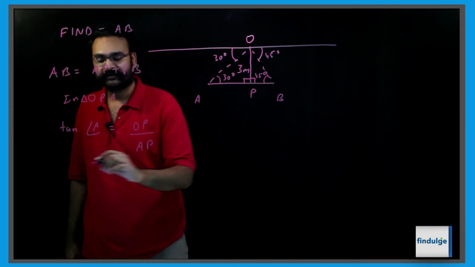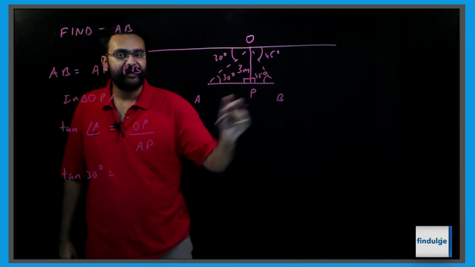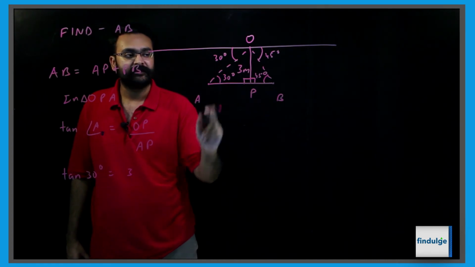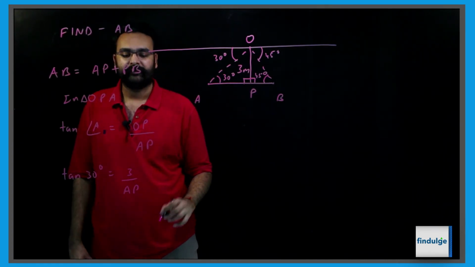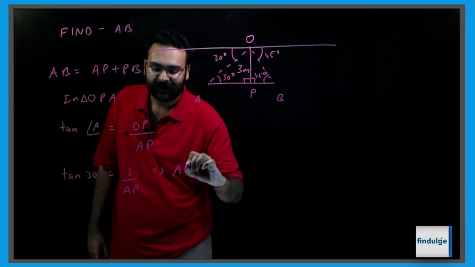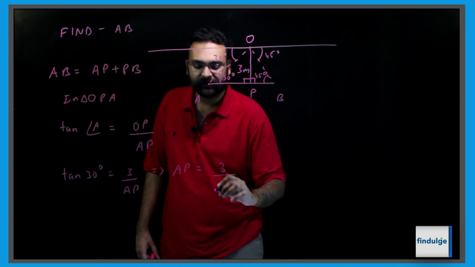Angle A is 30 degrees. OP is 3 meters. AP is what I want to find. So I end up getting that AP is 3 divided by tan 30 degrees.